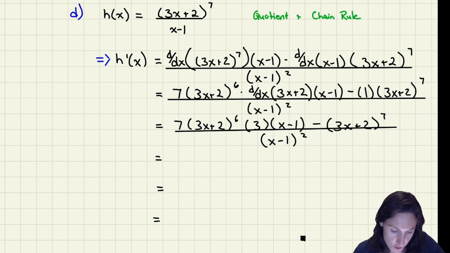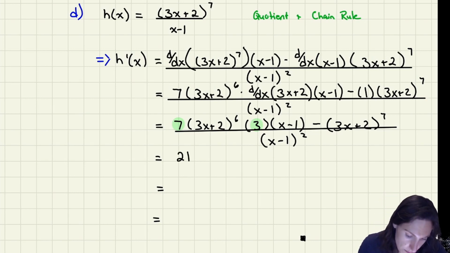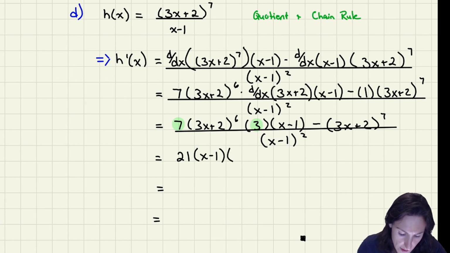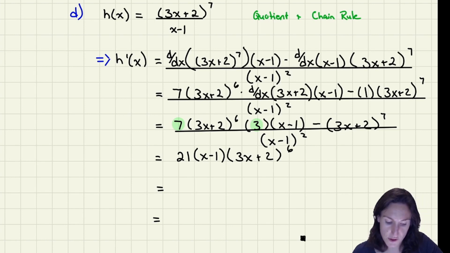All right, so now this first term, again, all these things are being multiplied together. So I'm going to multiply together the constants, the 3 and the 7, and that's going to give me 21. And then I'm also going to bring the x minus 1 up to the front. I just always seem to write them where the terms with higher power, so this power of 6 here, I usually just write that after these things.